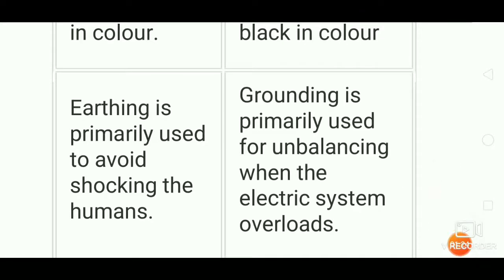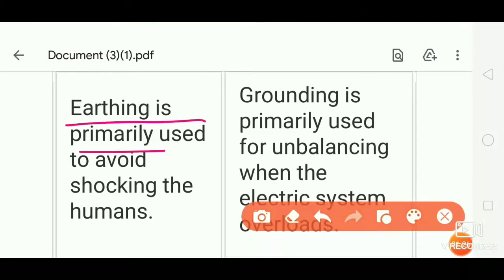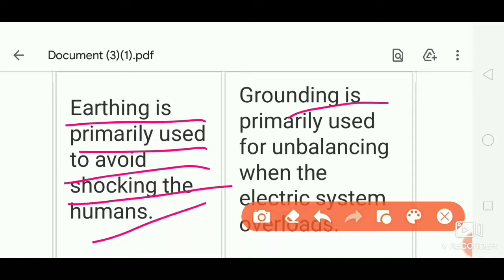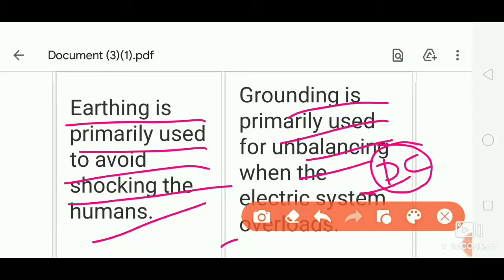The next difference is that earthing is primarily used to avoid shocking a human, and grounding is primarily used when the electric system is unbalanced or overloaded. When unbalanced current flows through the system, grounding is used to protect the electrical system, where we use DC or solar systems, and for transformer protection.